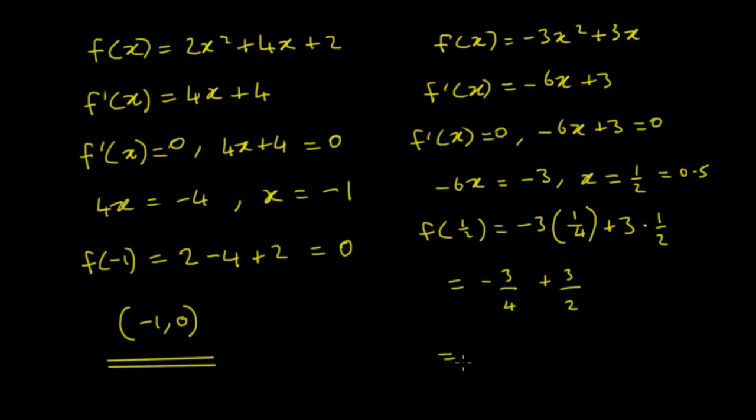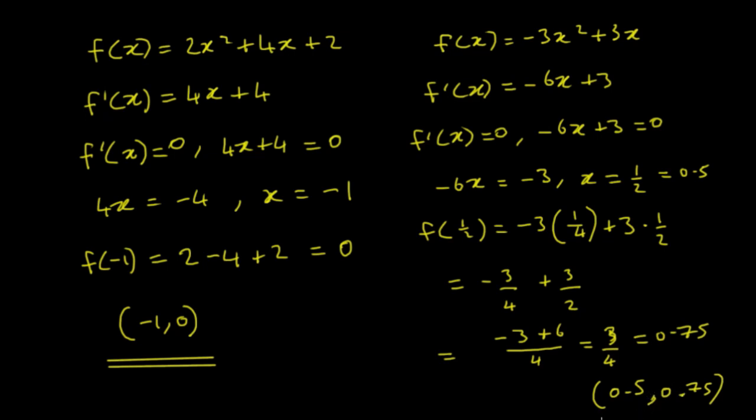If it's all over 4, it's going to give us minus 3 plus 6. So minus 3 plus 6 is 3, so that's 3 upon 4, which equals 0.75. So it means that the turning point here is going to be given by 0.5, 0.75.